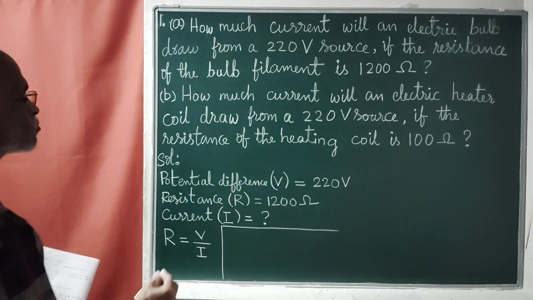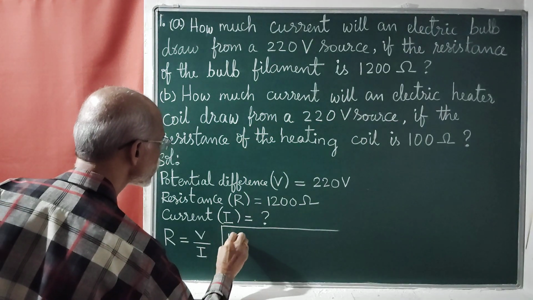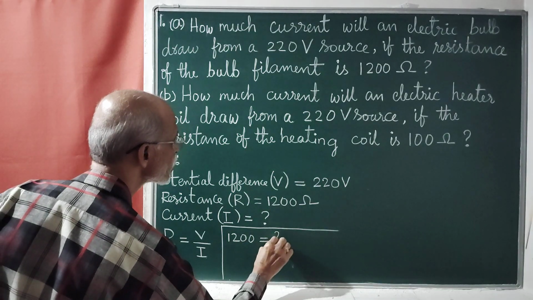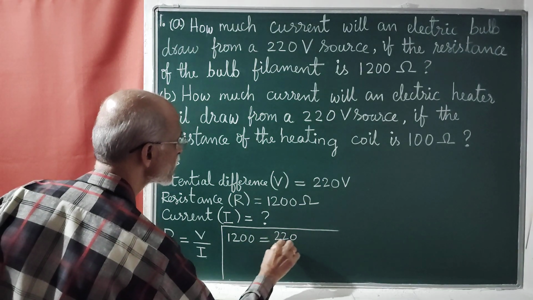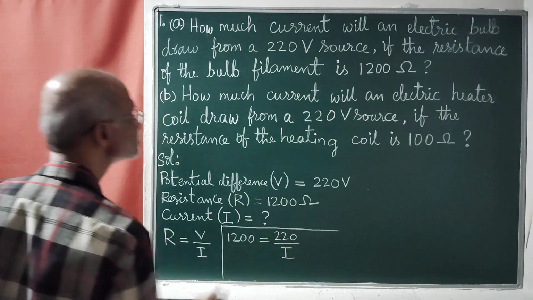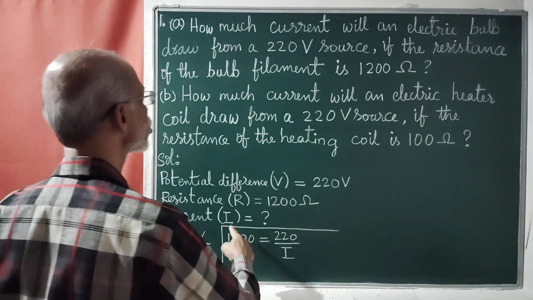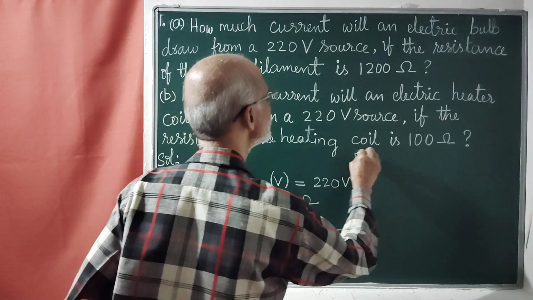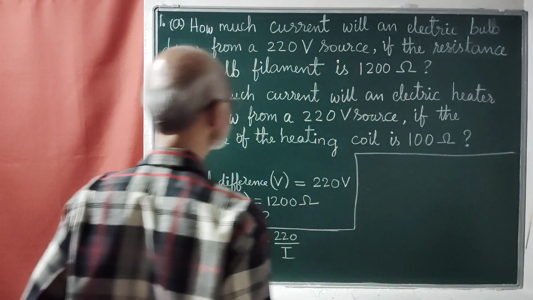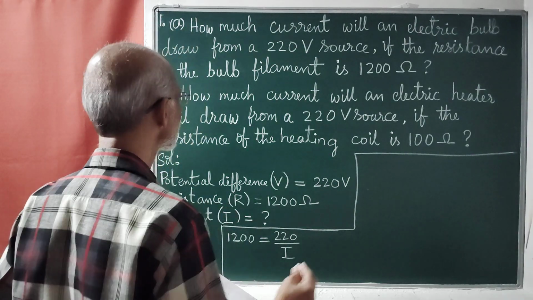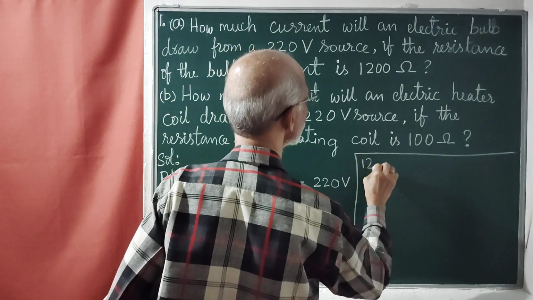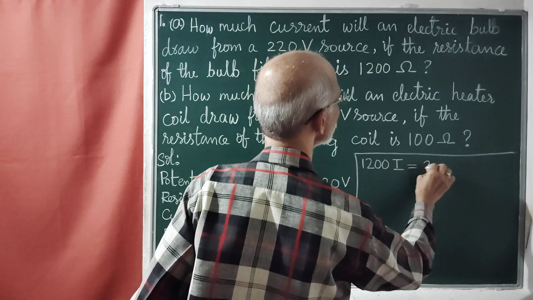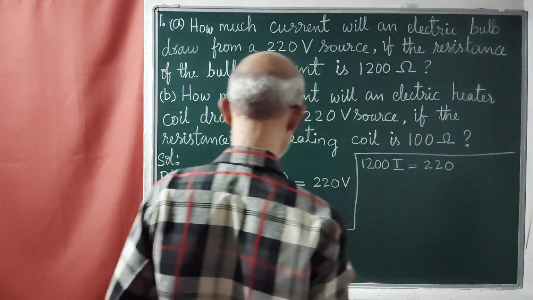So what is R here? 1200. 1200 is equal to 220 by I. So we will cross multiply. If we cross multiply, what will we get? 1200 I is equal to 220.